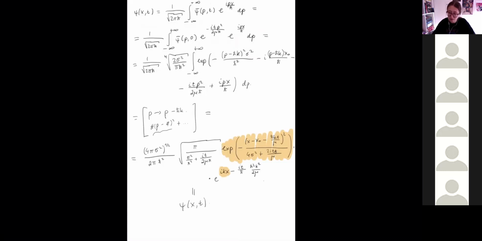And if we take the modulus squared of psi x of t and plot it, we'll see that the denominator of the Gaussian will be something like 4 sigma squared plus t squared h bar squared over mu squared. This means that the width of the Gaussian is increasing with time t.